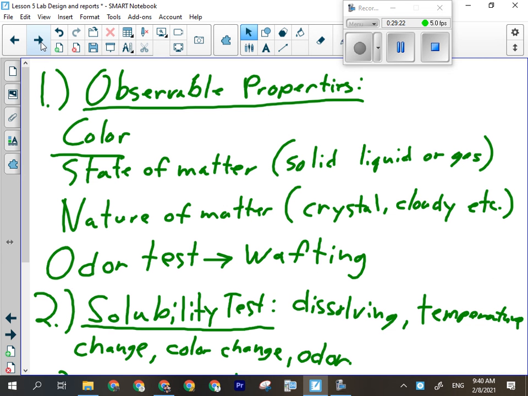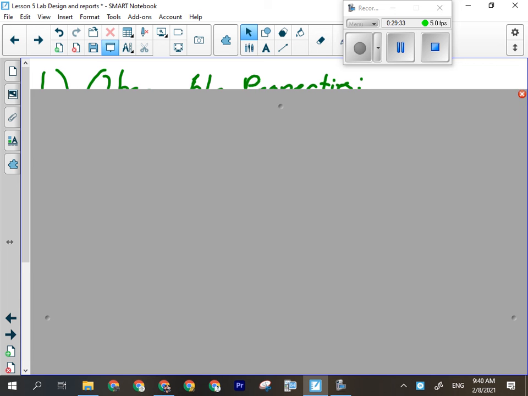So the first test we're going to want to run, you're going to need to write this one down. This is going to be part of the procedure you're going to design tomorrow. The first test that we want to run is our observable properties test.